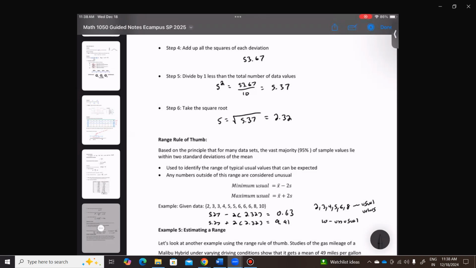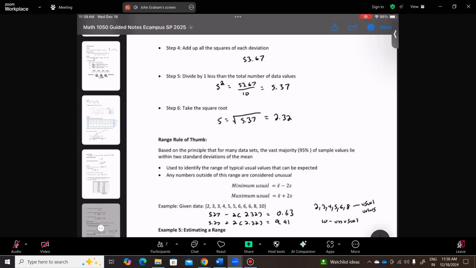Now, this also does not mean 10 is an outlier. There's a difference. Let me be clear about that. 10 is not necessarily an outlier, it's just unusual.